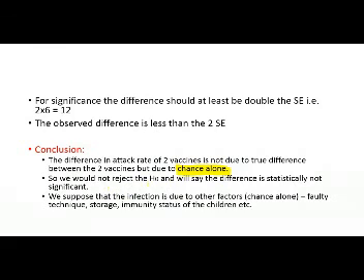We would not reject the null and will say the difference is statistically not significant. We suppose that the infection is due to other factors, and these other factors are known as chance, which may be faulty technique, storage, immunity status of the children, maybe some other factors.